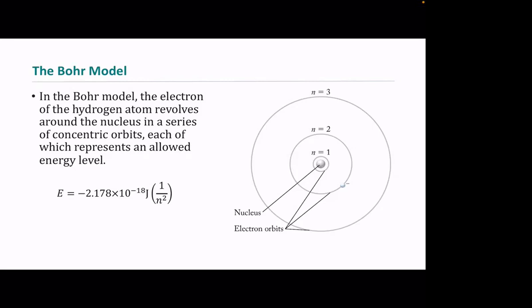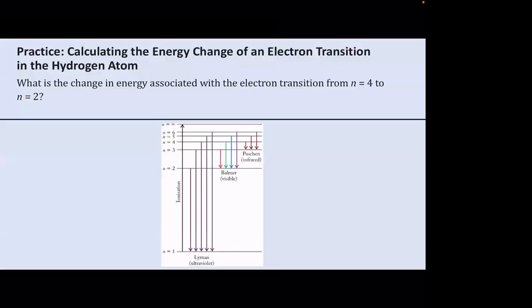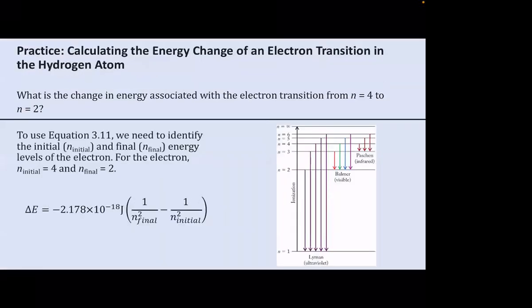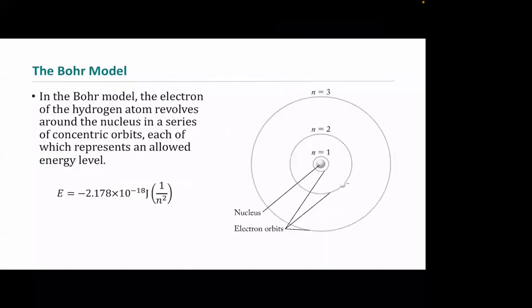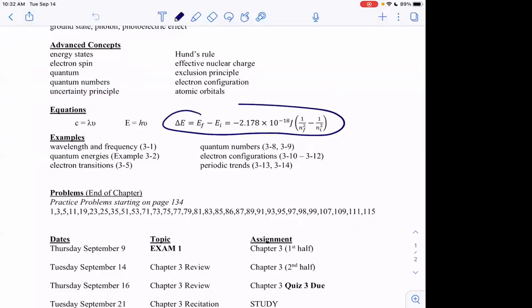So this equation now describes the energy of each of these orbits, but not only that, he takes it further. And where's that equation? Well, I don't even have it written here. It's the equation on your outline. This one here. He takes it further, and now we can describe changes in energy as the electron moves between these energy levels.